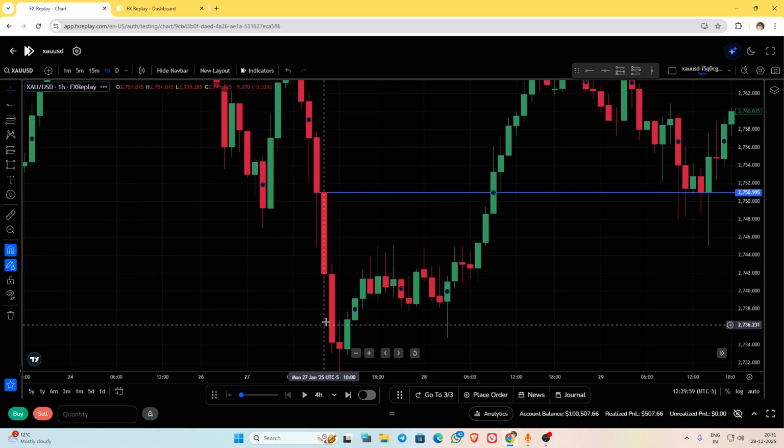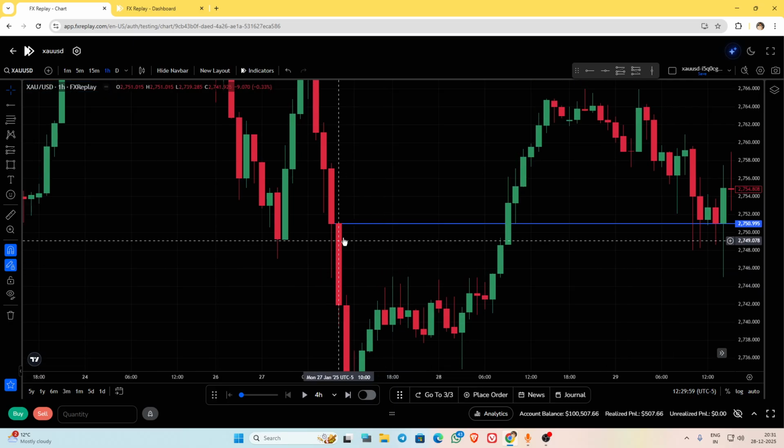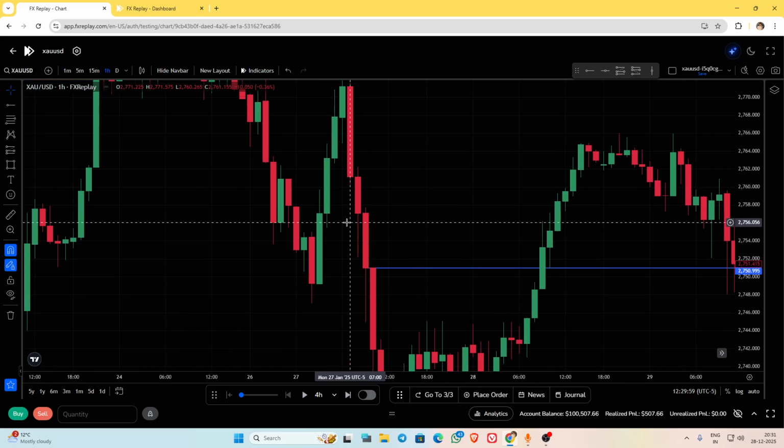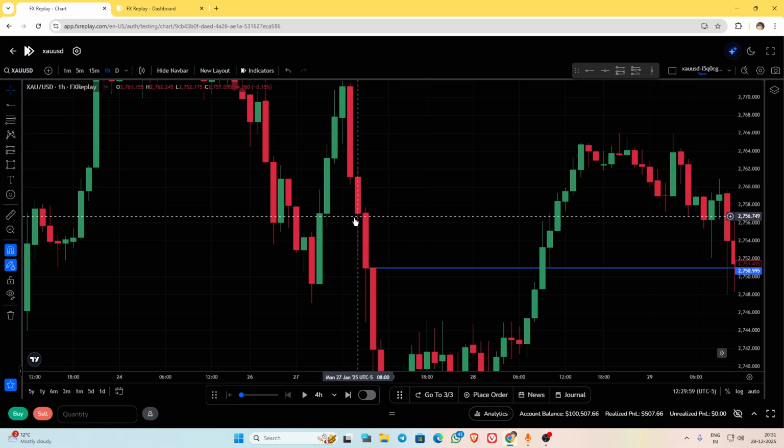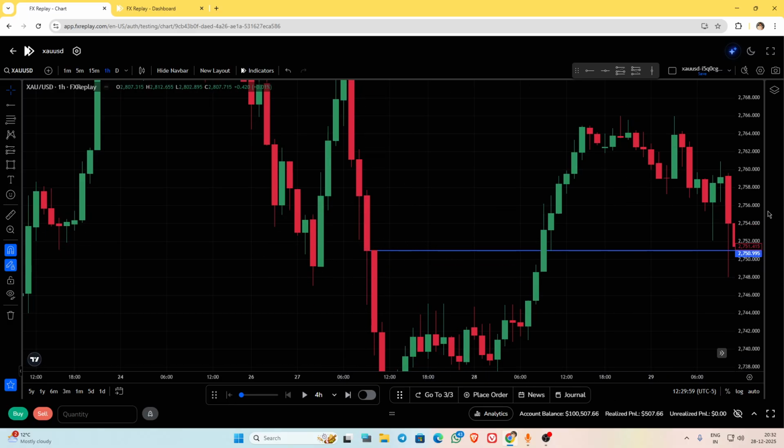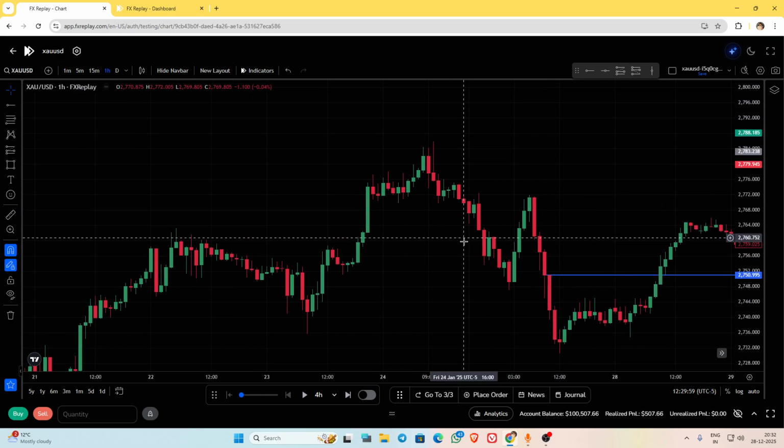Let's move to Monday. We closed below the 7 a.m. but didn't tap the POI. We closed below the 8 a.m., 9 a.m. closed below, so Monday was also not our trade day.